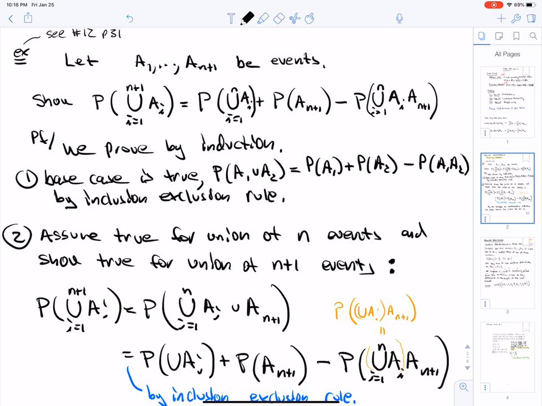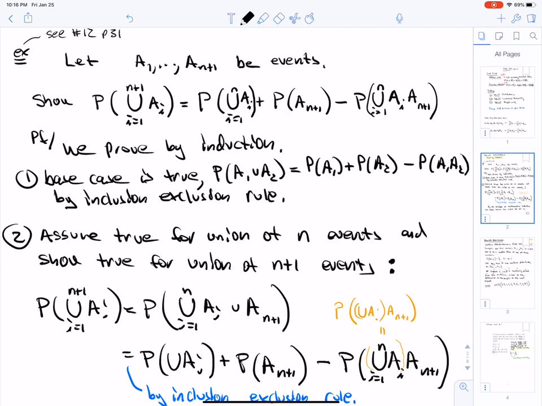So the idea here is that the probability of the union of n plus 1 events, we can write as the probability of the union of n events union the last event.